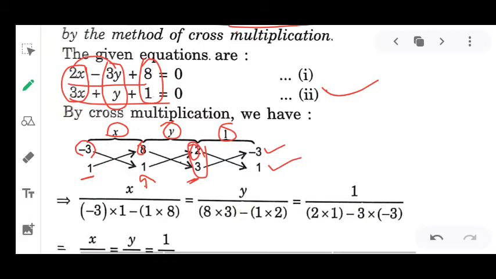Then put the arrow marks, from the left side top to bottom, then bottom to top. So write x by minus 3 into 1 minus 1 into 8 equals y by 8 into 3 minus 1 into 2, equal to 1 by 2 into 1 minus 3 into minus 3.